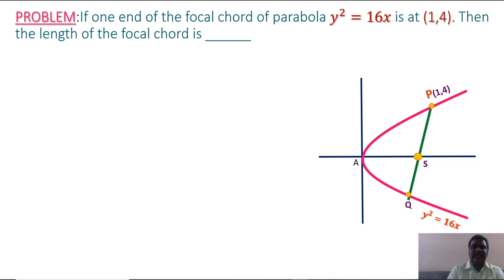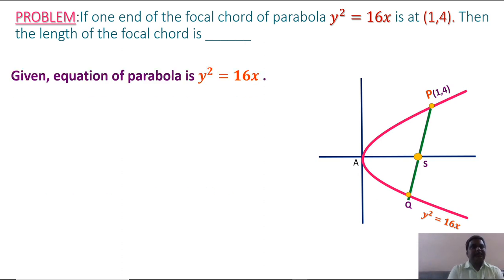Understand? From the above concept, what you have to find first of all? t. That is why the given point is taken as (at², 2at). So what is my parabola? Y square is equal to 16x. So what is 4a? 16. What is the value of a from this equation? 4. Right?